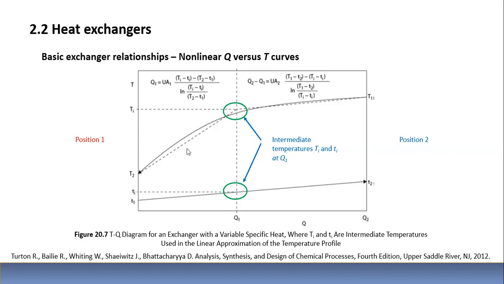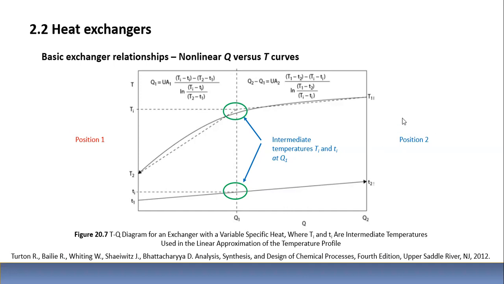This is a simulated behavior from this I position to position number 2 for the hot stream. Likewise, the cold stream is approximated as a straight line from ti to T1. This will be ti, and this will be the original T1, right? So the difference will be the difference between these intermediate temperatures with respect to the real temperatures on both sides.